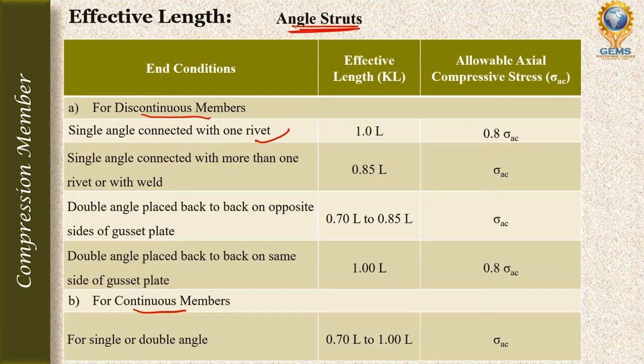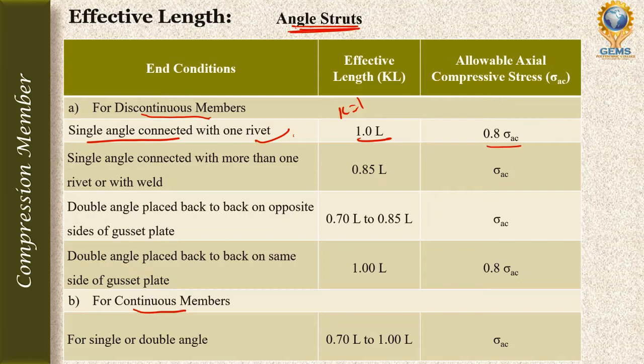Then your K value is equal to 1 and your effective length is 1 into L. For this condition, your allowable axial compression stress is 0.8 sigma AC. So sigma AC is the axial compressive stress.